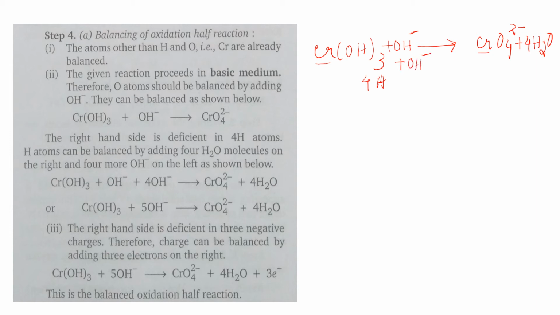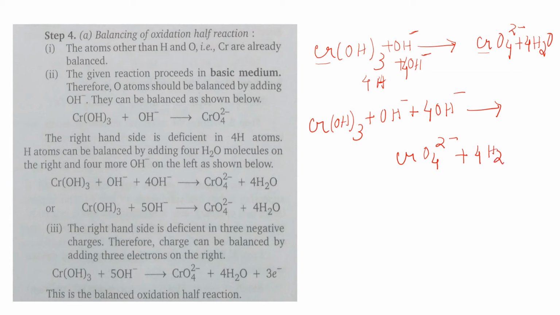So what I'm getting now? Cr(OH)3 plus OH- plus 4 OH- is giving you CrO4 2- plus 4H2O.